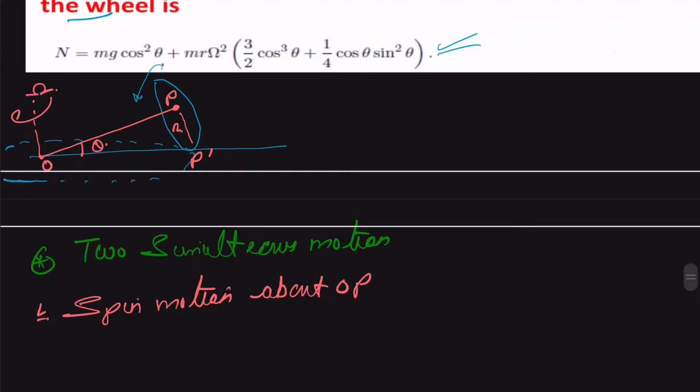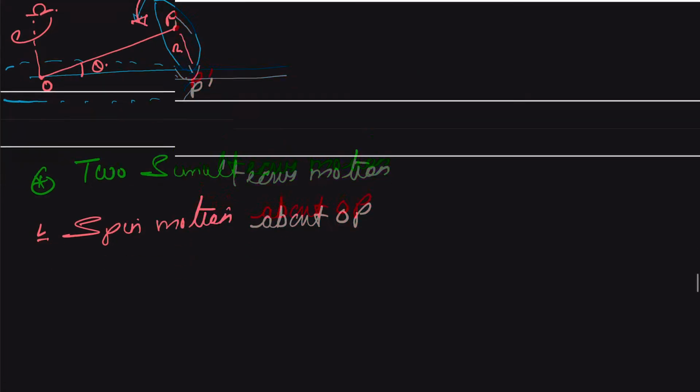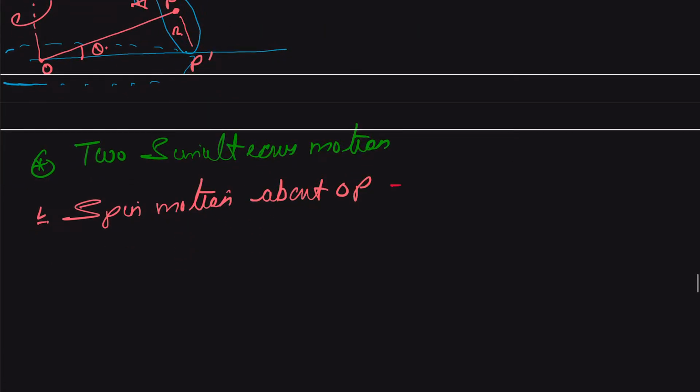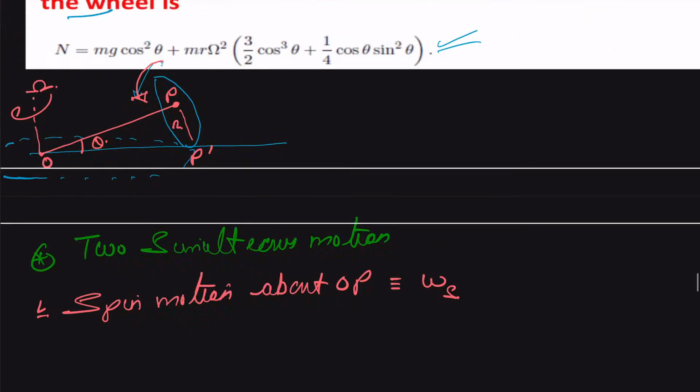So it is spinning about this particular axis, which is OP. And let us call, in this case, its angular speed omega s. Its direction obviously will be in this direction. So this is our omega s.